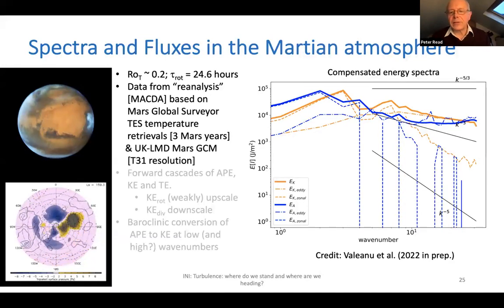And so what I show here are some preliminary results from analyzing climate results over 3 Mars years using a general circulation model that was developed jointly between my own group and groups in France and Spain. So this shows an example of the energy spectra that we actually observe in this state estimation in a time average sense.